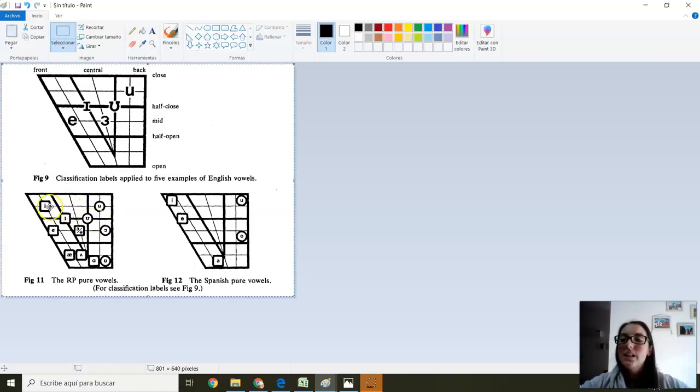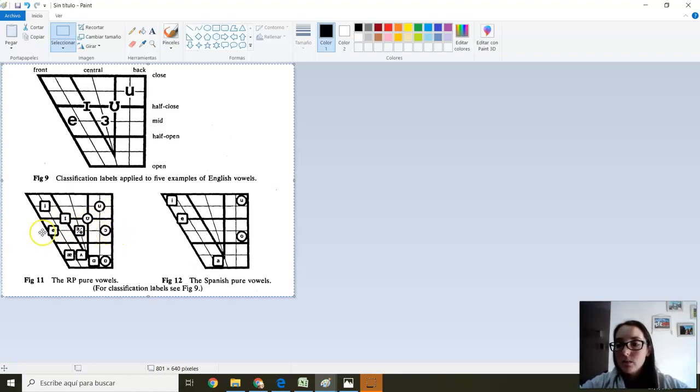Sorry, again. I and U are between close and half close. They're not close, they're not half close, they're in the middle. And then we have I and U, which are half close. Yes, those are more definite, but they are not definite in terms of front and back. They are in the limits there.